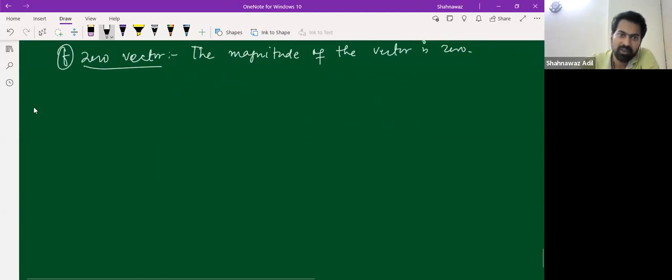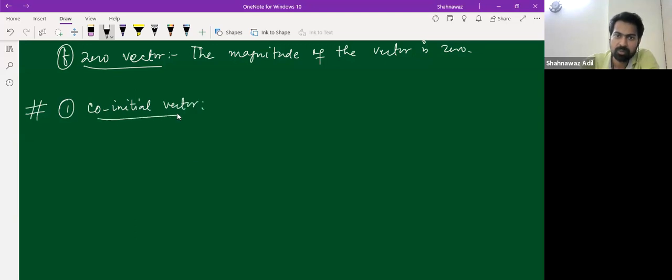And then you have these two vectors. One is the co-initial vector. As the name suggests, initial means the starting point of the vector, and co means the same.